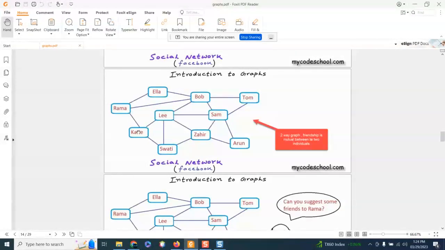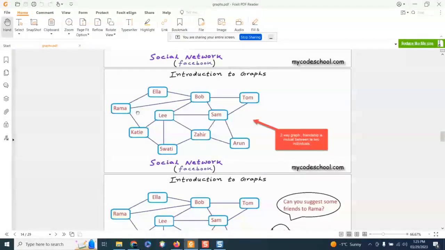Now, sometimes you have seen on Facebook that it suggests friends to you. How is it able to suggest friends that you might know? Sometimes it's a mutual friend. How does it go through that and make those suggestions?